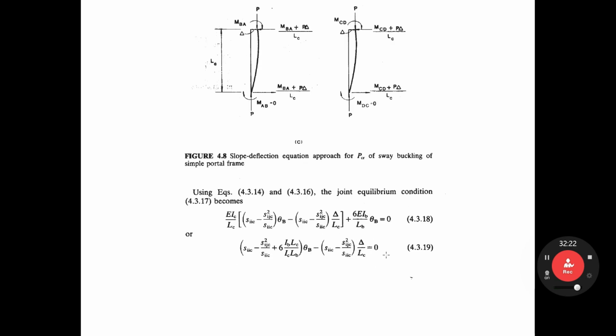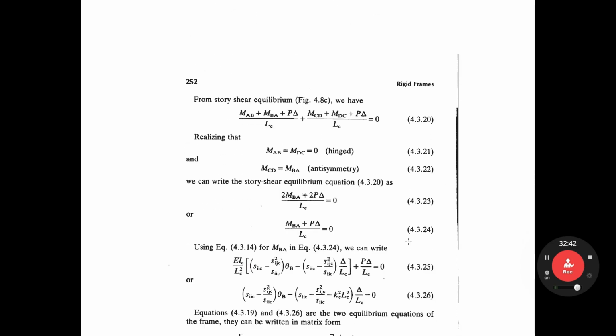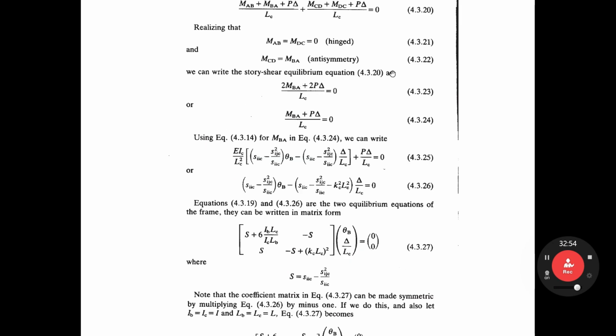You have two equations. Then you have two unknowns, zeta B and delta, because zeta A has already been eliminated through the simultaneous equation operation. So those two equations can be written in this matrix form regarding zeta B and delta.